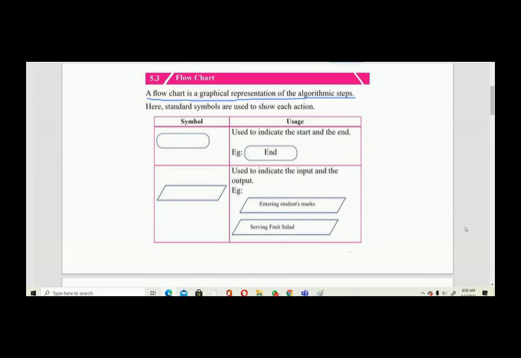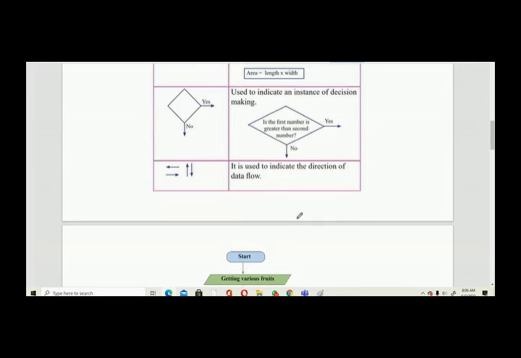A flow chart is a graphical representation of the algorithmic steps.